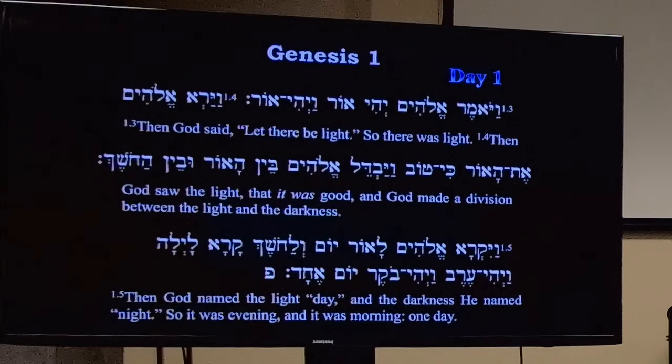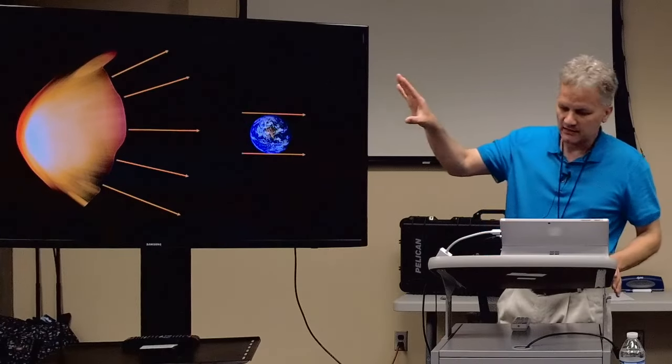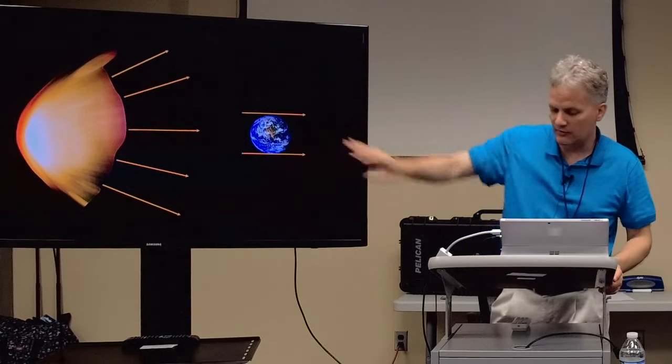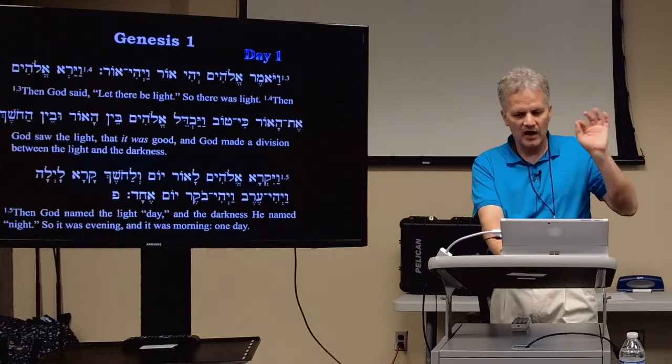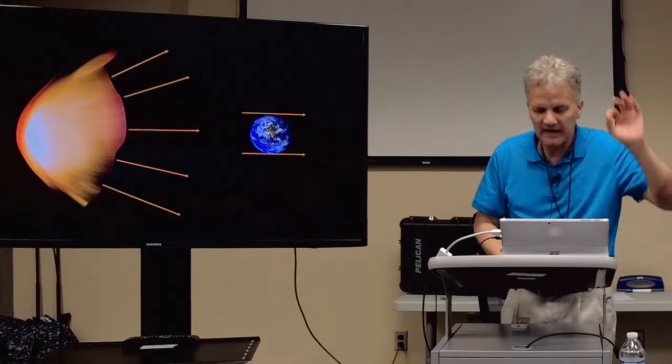So God saw the light that it was good, and God made a division between the light and the darkness. Then God named the light day, and the darkness he named night. Now, what we know graphically is that there is some light source out there shining light on the earth, because we just read God made a division between the light and the darkness.